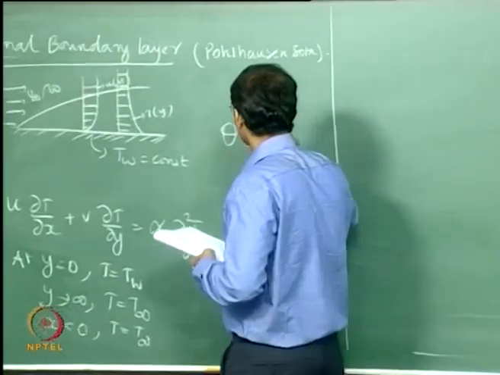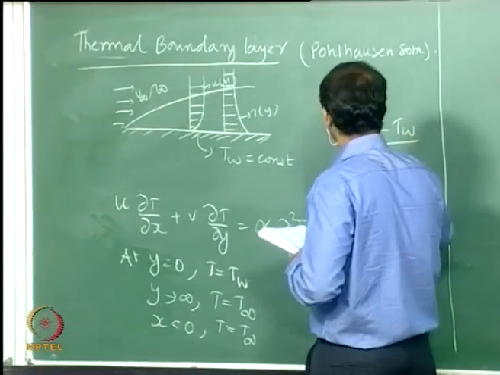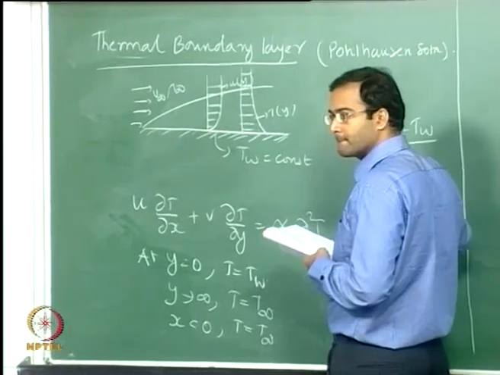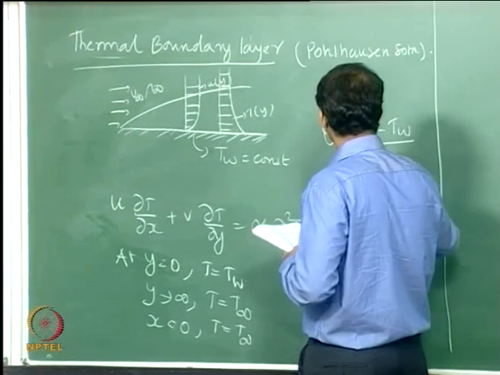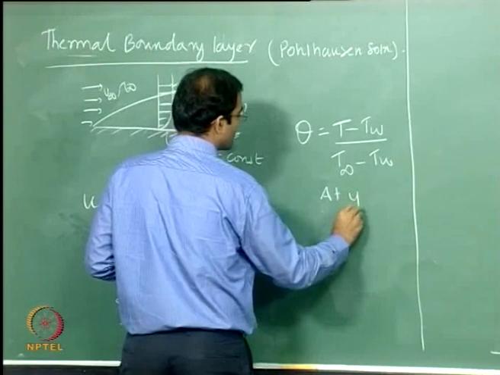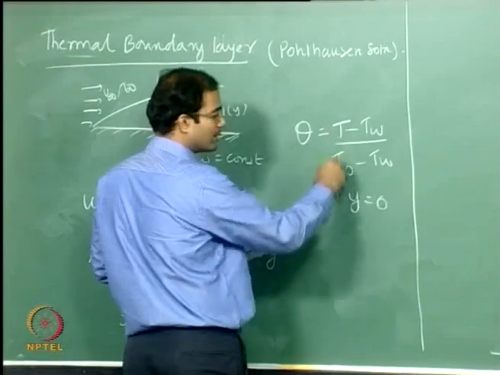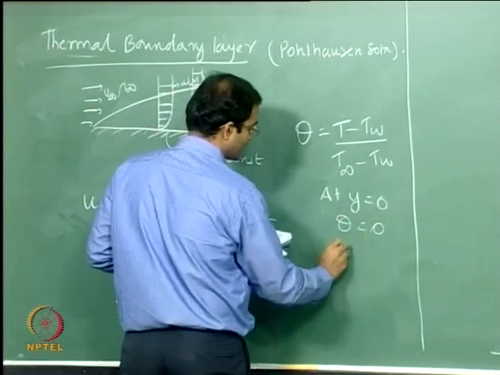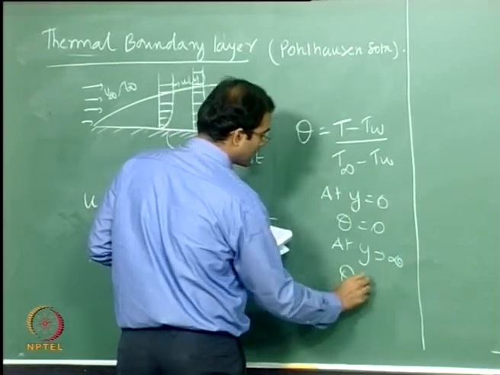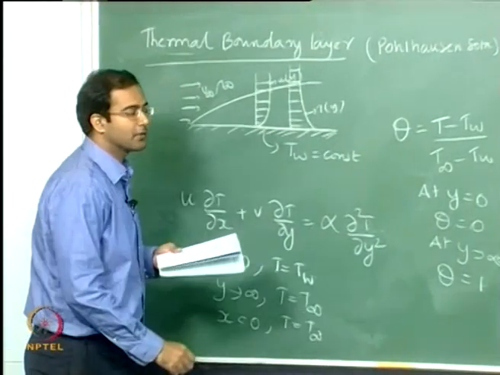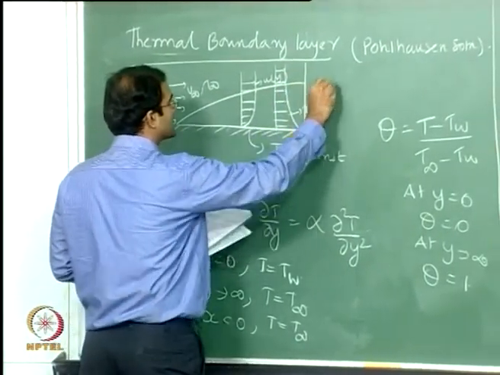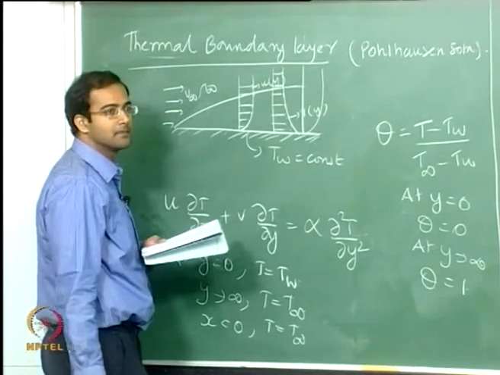T minus T wall by what? Okay, T infinity minus T wall. So that at y equal to 0, my T equal to T wall, your theta equals 0. At y going to infinity, my T goes to T infinity, my theta goes to 1. So if you plot theta, you will get exactly a profile like this, right?